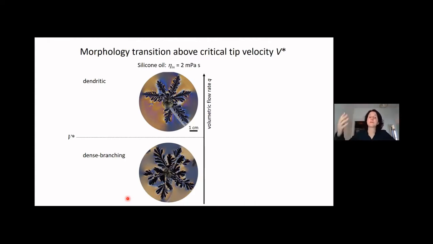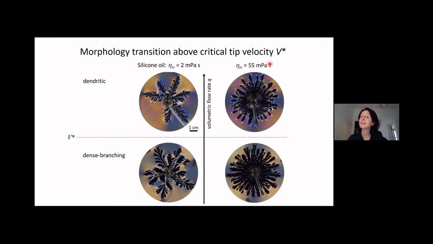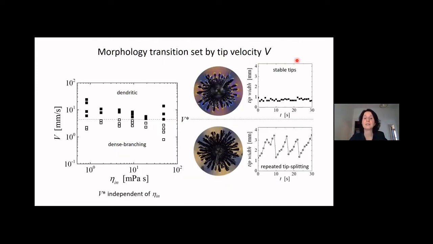Now, this transition from dense branching to dendritic growth happens both for a low viscosity silicon oil, as well as for higher viscosity silicon oils. And indeed, the critical tip velocity V star is independent of the viscosity of the displacing fluid. So there's a fixed condition for when we transition from dense branching to dendritic growth in this viscous-fingering instability.